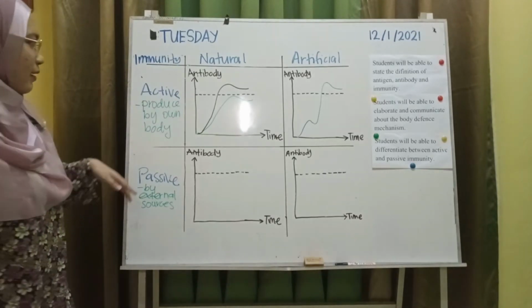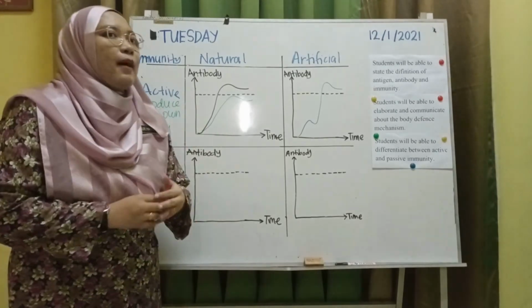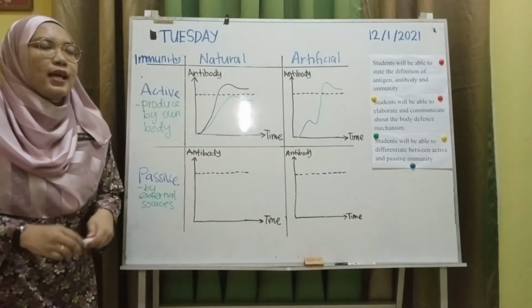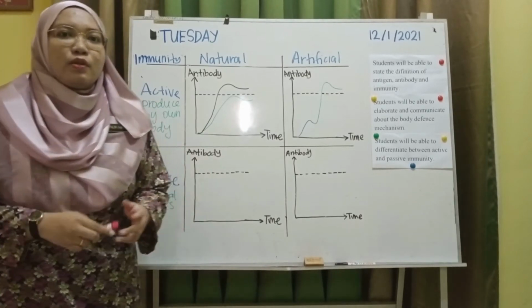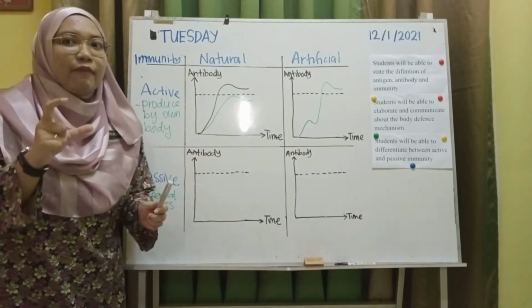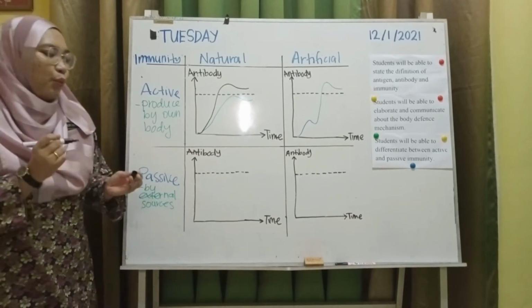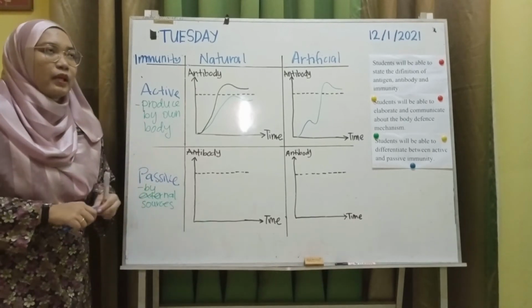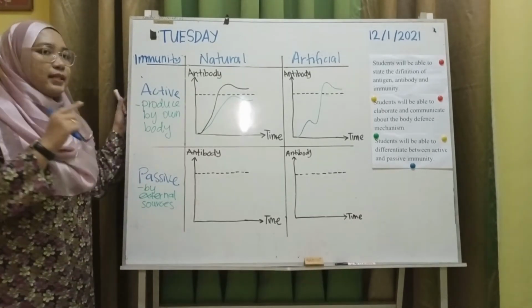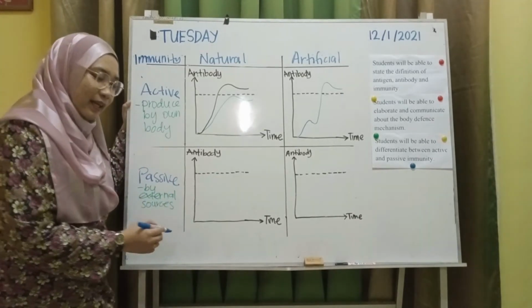Oh, I see. Okay, so for passive natural immunity, an example situation is when the baby drinks breast milk from their mother. In the breast milk itself, it contains the antibody. So when the baby drinks the breast milk, the antibody concentration will rise immediately above the immunity level.